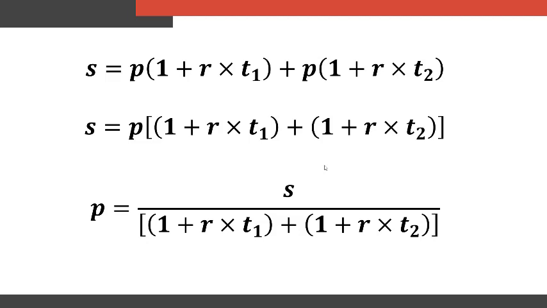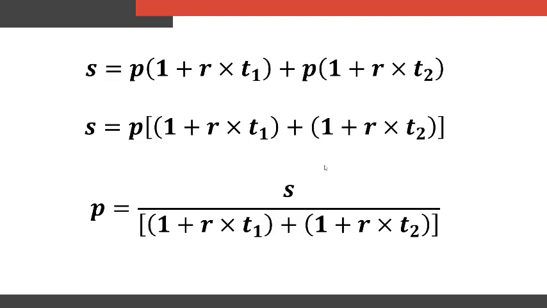Now, by substituting in the amount formula, S equals B times (1 plus RT), for the two payments we have S equals B times (1 plus RT1) plus B times (1 plus RT2). I take B as a common factor, so S equals B times [(1 plus RT1) plus (1 plus RT2)].